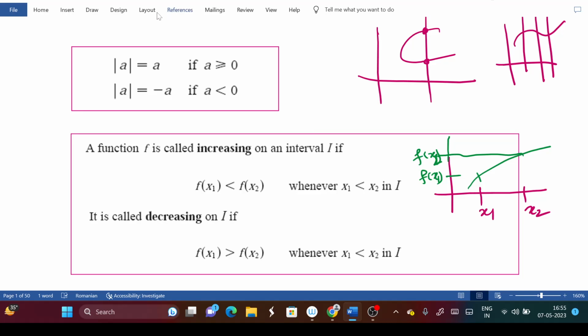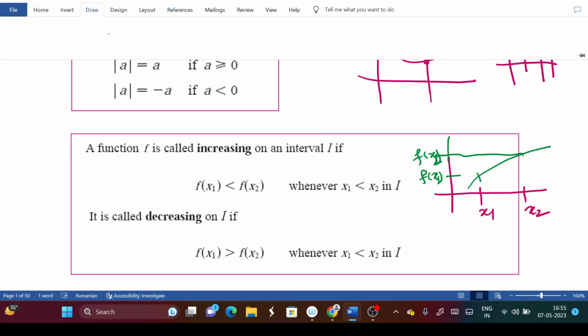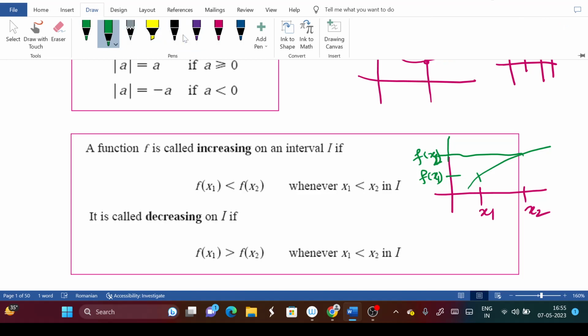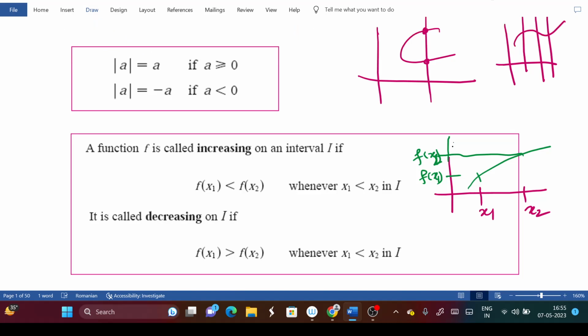On the other hand, what will be a decreasing curve? A decreasing curve will be something like this. What happens here? Observe, this is my f of x1 and this is my f of x2.